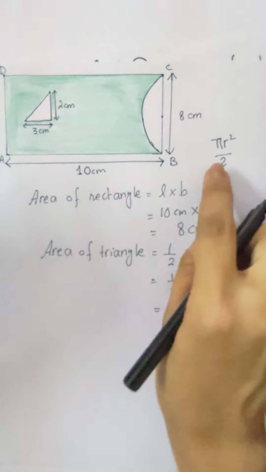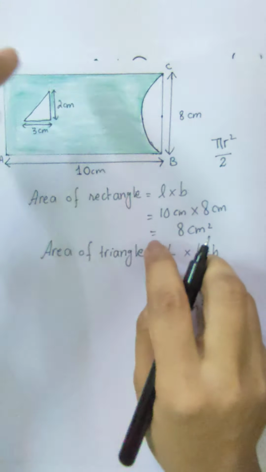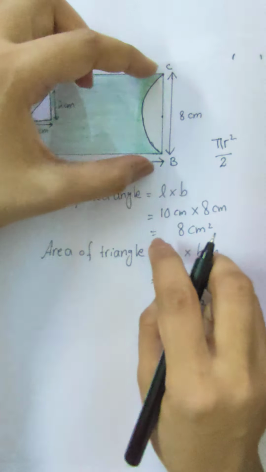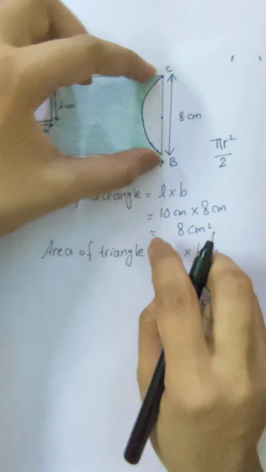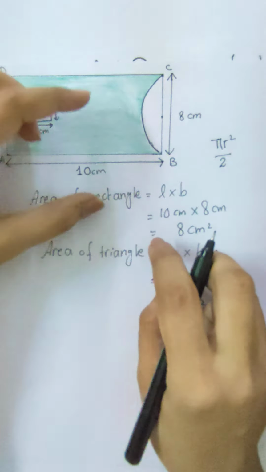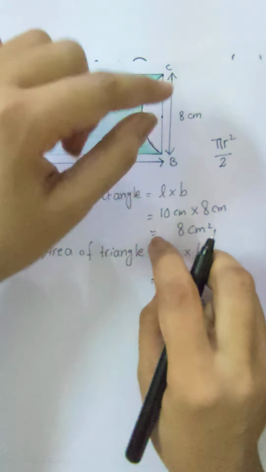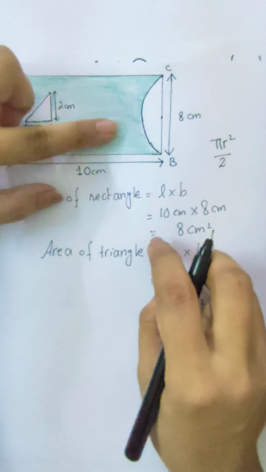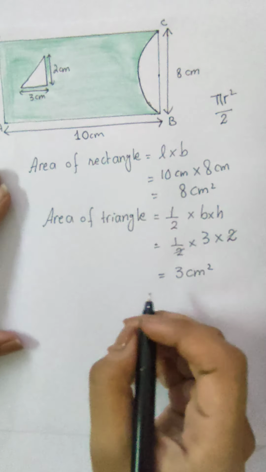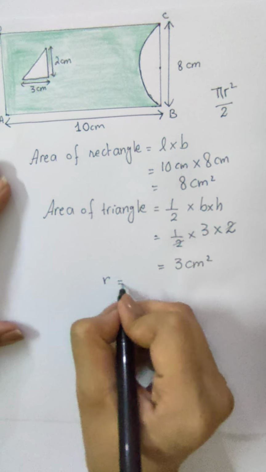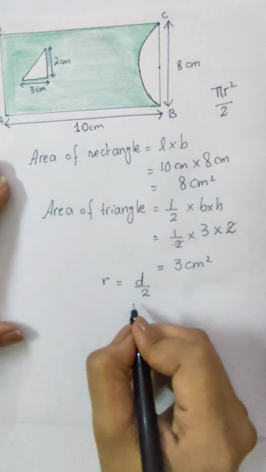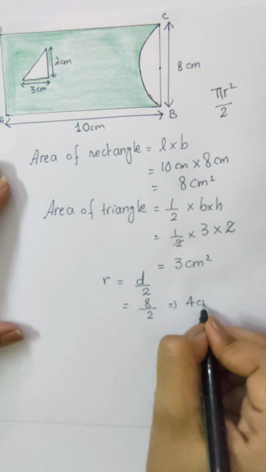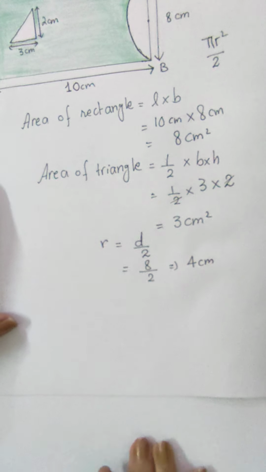And what is the diameter? 8 centimeter is the breadth of this rectangle. 8 centimeter is the breadth as well as the diameter of the circle, because both are the same in measurement. So the diameter of the circle is 8 centimeter, and the radius means half. First I will write radius is equal to d over 2. 8 over 2 is equal to 4 centimeter. So the value of radius is 4 centimeter.